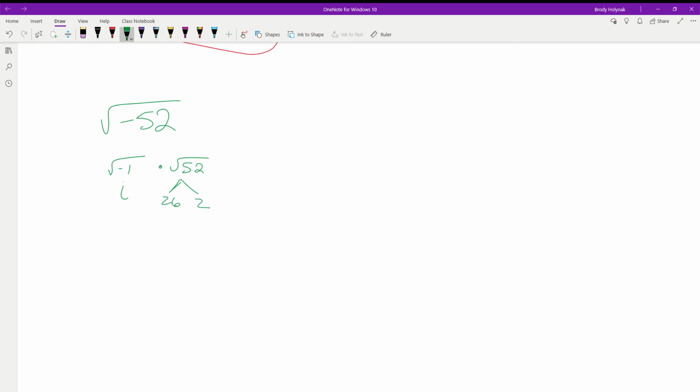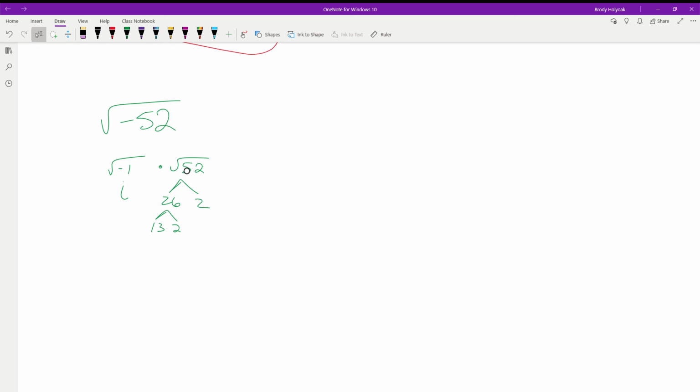26 and 2, and 13 and 2. Now, remembering way back when, probably deep in your memory banks, from when you learned these in high school, when we have squares underneath the radical, we cancel and bring one of them out.